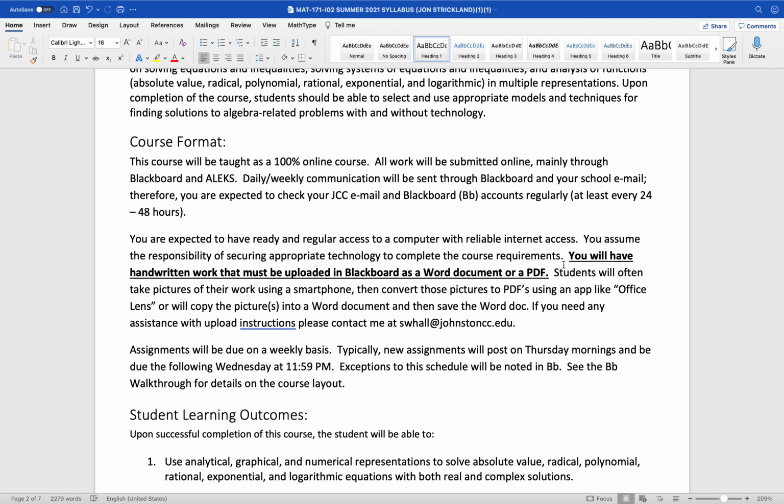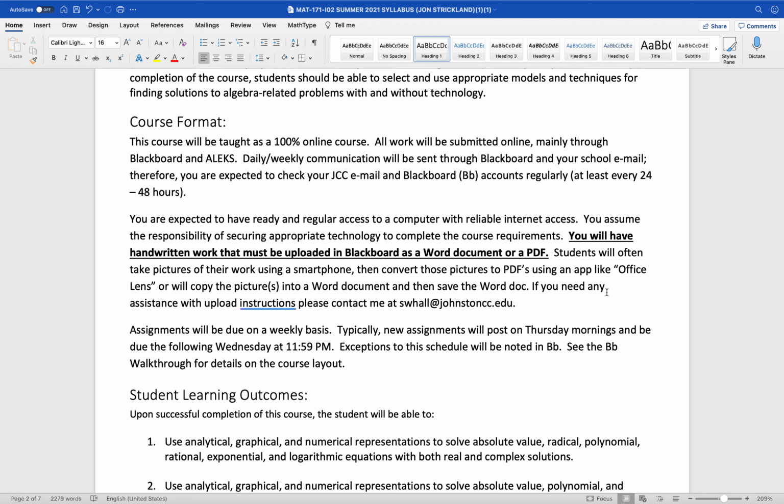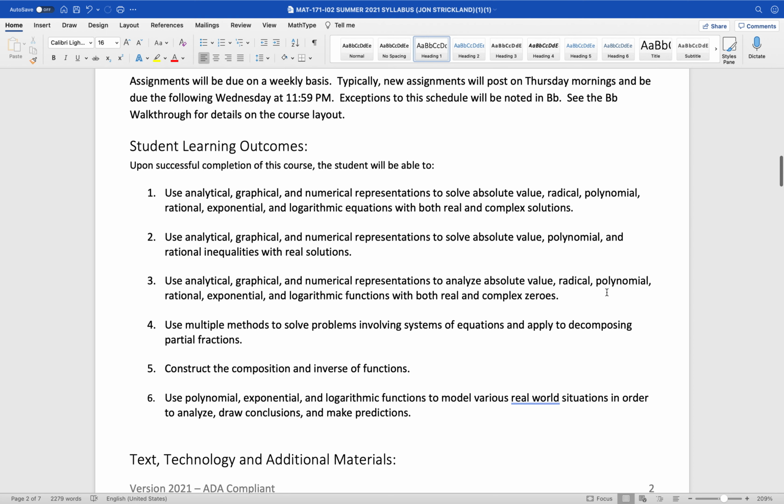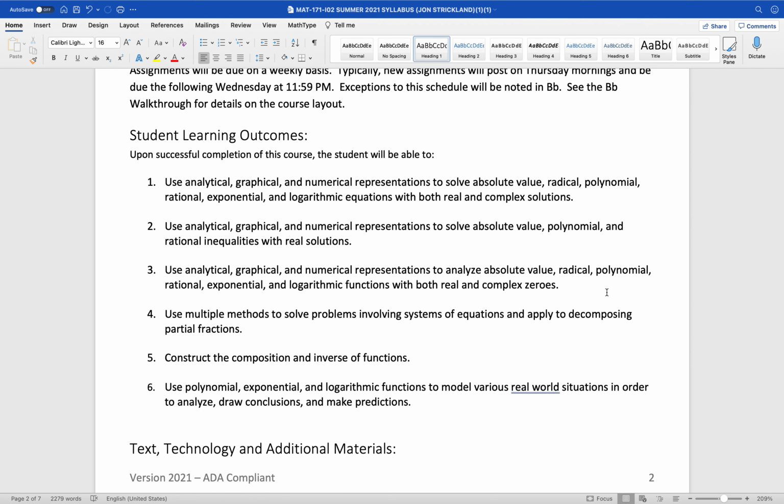through the announcements. Some of the items regarding the course are the student learning outcomes, like being able to perform order of operations, as well as using analytical, graphical, and numerical representations to solve absolute value, radical, polynomial, rational, exponential, and logarithmic equations with both real and complex solutions.